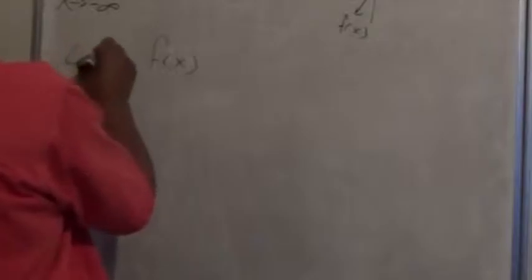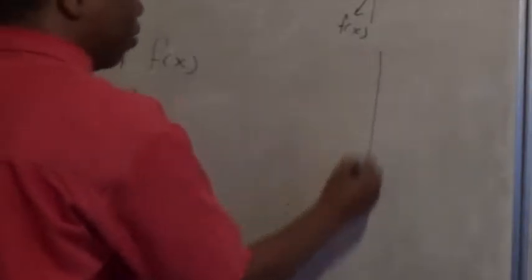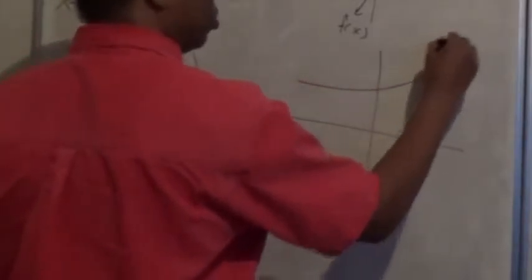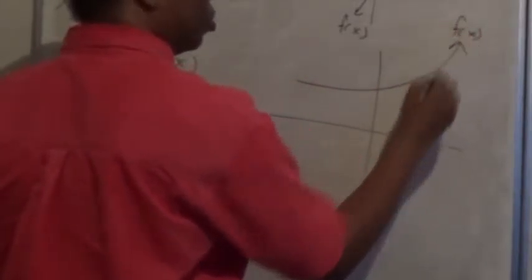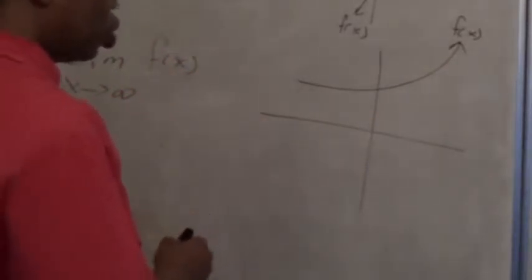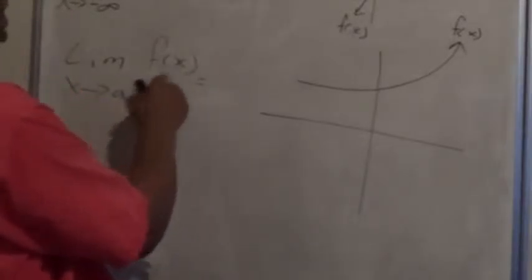Now, what are other scenarios we can have? Well, let's say we had the function f again, and we took the limit, and let's say we went to the right, and graphically this happened. Now, if that happens, what we say is that the limit as x approaches infinity of f of x is positive infinity.